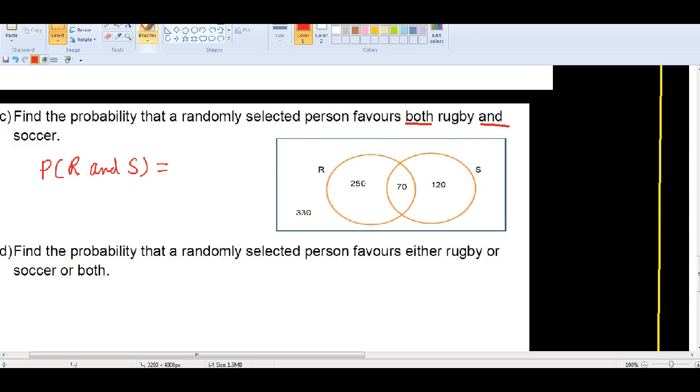Which part are we interested in now? This part, right? That part we have 70. So you get 70 divided by the total number. When you simplify it, you will have this one.